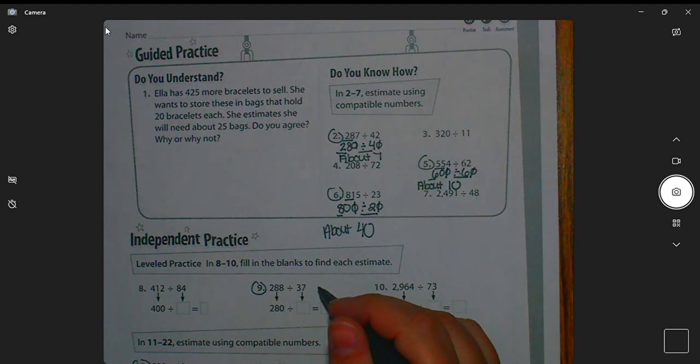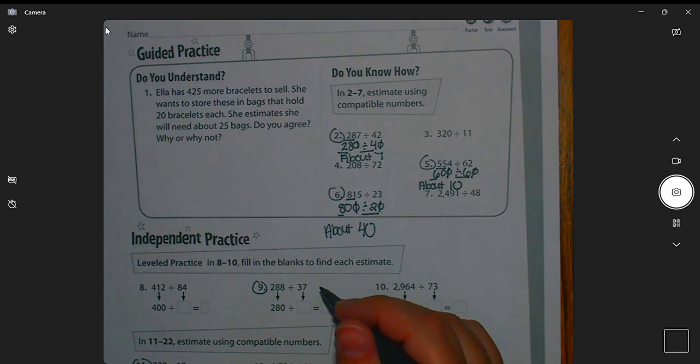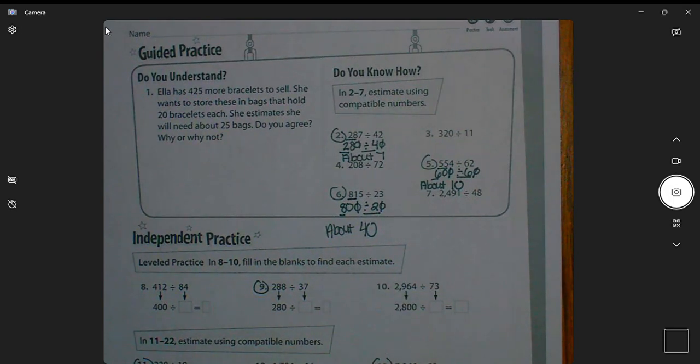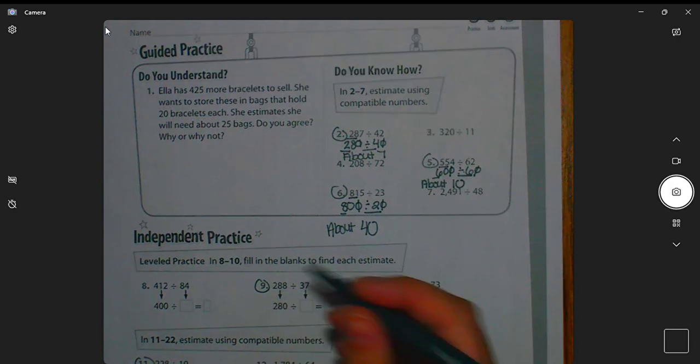Would it be more compatible to say 280 divided by 30? Does that make sense? Or would it make more sense to say 280 divided by 40? Right, 40.